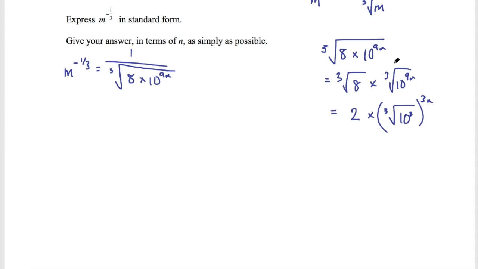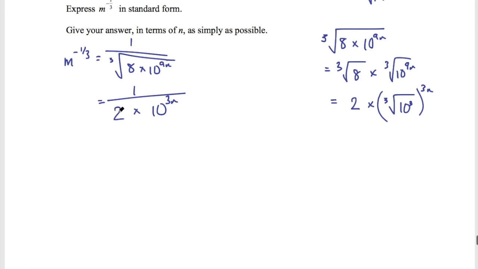So the cube root of 10 cubed is just 10. So what we end up with here on the next line is 1 divided by 2 multiplied by 10 to the 3n. So I've got rid of that cube root by finding the cube root of 8 and cancelling this cube root with 10 cubed.